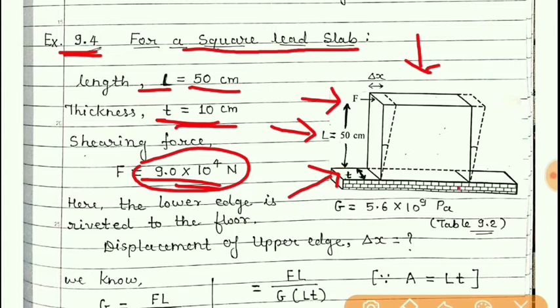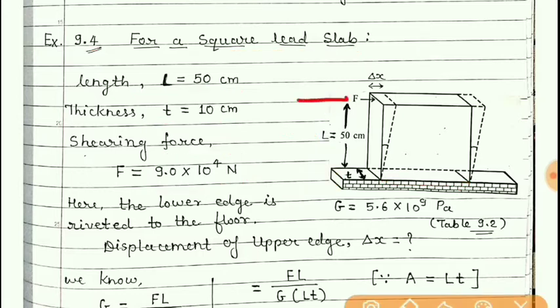Here we have to consider that this face, that is the base of the slab, is fixed, and so if we apply force here, then what will happen? It will deform, and so now this upper face will slide a little, and so there will be a change in the angle.